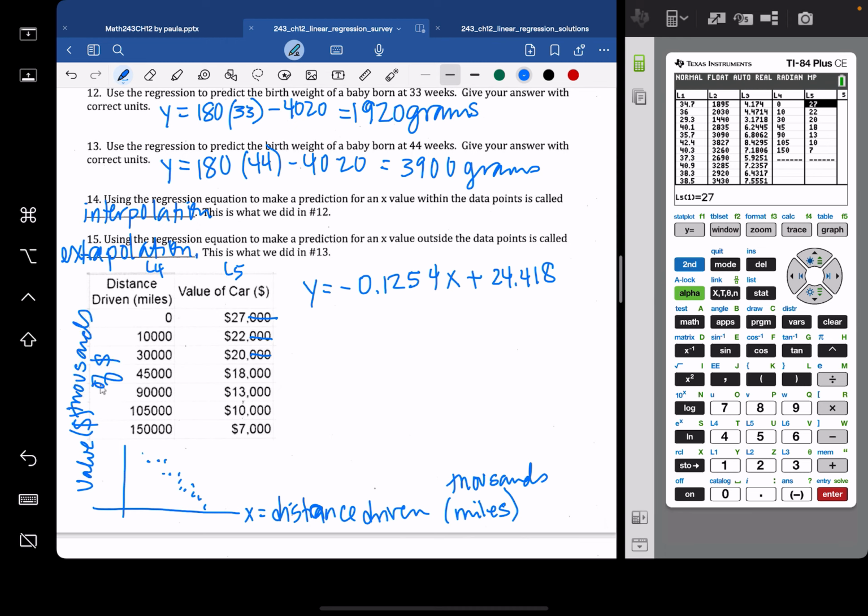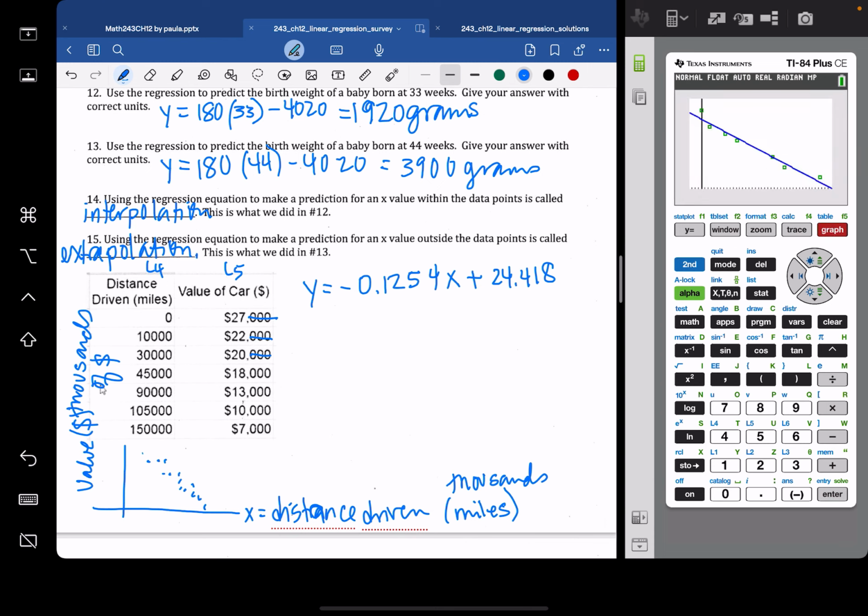Now, if I had entered the data as it's provided here, then I wouldn't have to do that. But I don't want somebody thinking that this just is 150 miles on the car. So by changing my labels, I managed to not have to type in all of those zeros. But I'm going to have to remember when I'm interpreting this equation that x represents thousands of miles and y represents thousands of dollars.